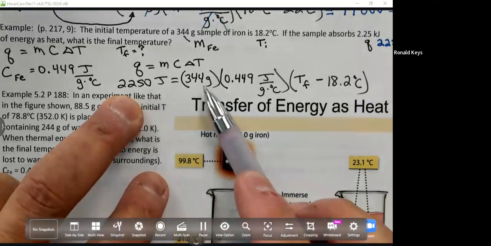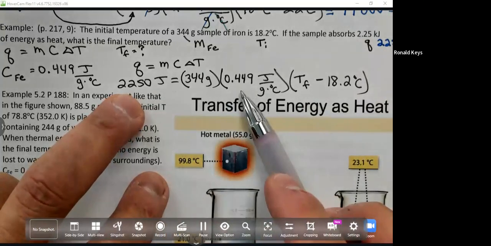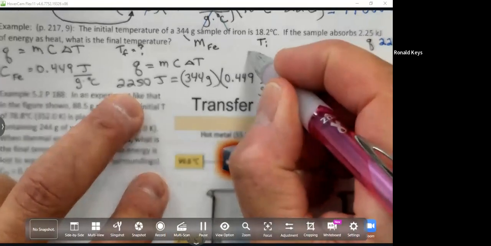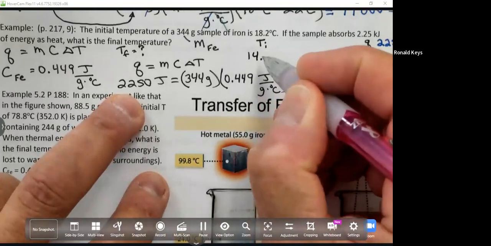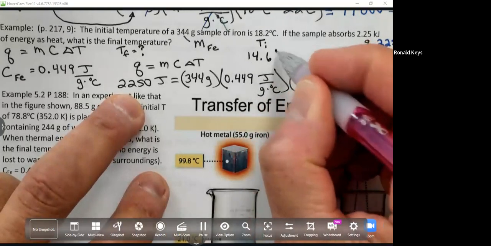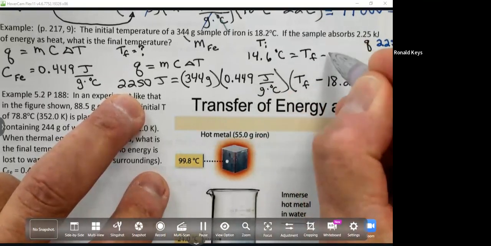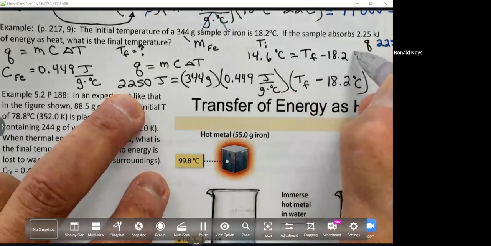If you take 2250, divide by 344, and divide by 0.449, you're going to end up with 14.6 degrees Celsius is equal to T final minus 18.2.